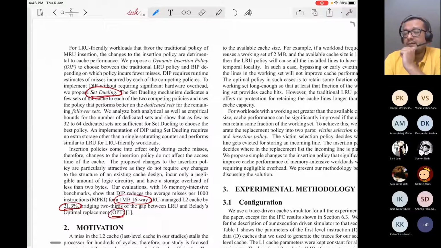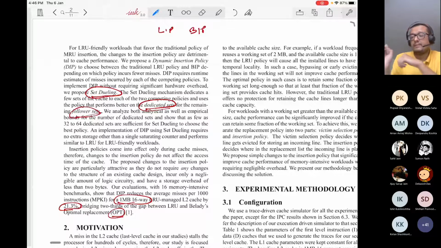The competing policies are LIP and BIP. And it uses the policy that performs better on the dedicated sets for the remaining follower sets. These are all new terms, dedicated sets and follower sets. If I try to understand this mechanism, let's say this is my cache.